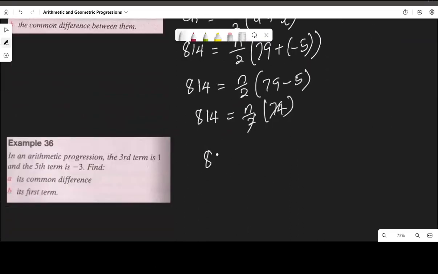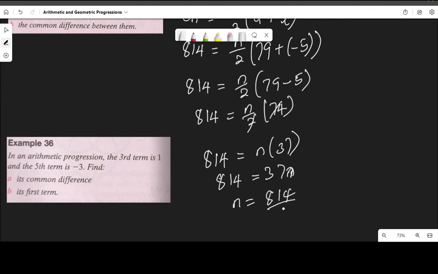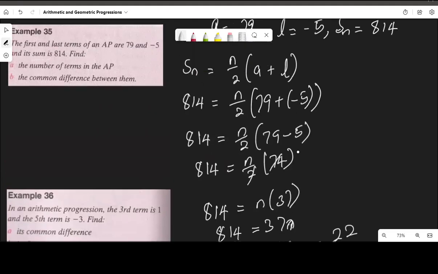So 814 is equal to 37n. N equals 814 over 37. 814 divided by 37 is 22. So the number of terms in this sequence is 22.